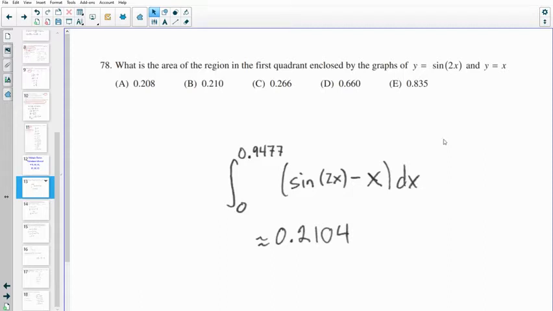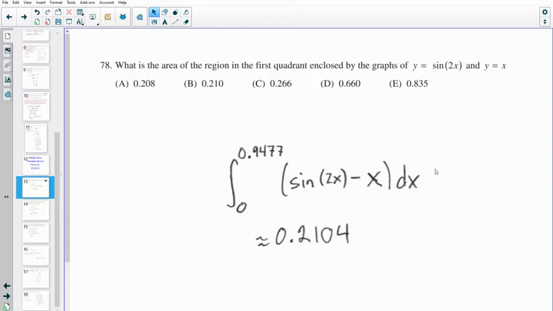But then you'd use your calculator, and I've got this currently set up. I can't go away from this software, but using a graphing calculator, hopefully you guys are aware of how to graph both of these functions and find the point of intersection. Your calculator will give you that at x equals 0.9477 something something something. And so store that value or just copy it down so you can retype it.